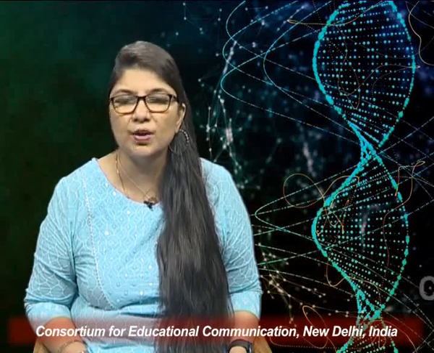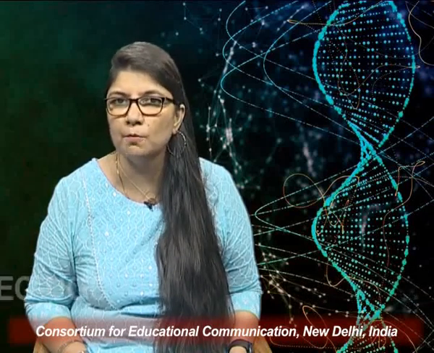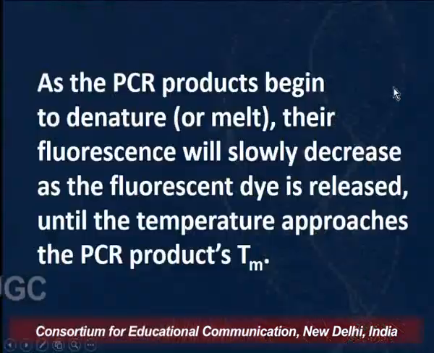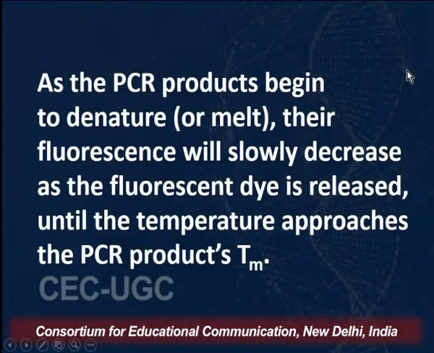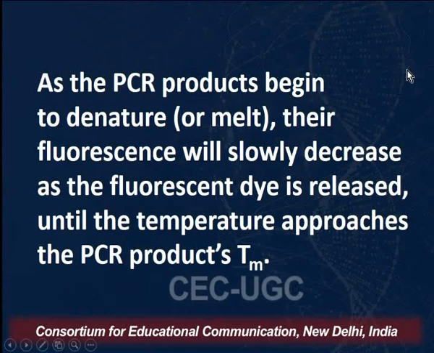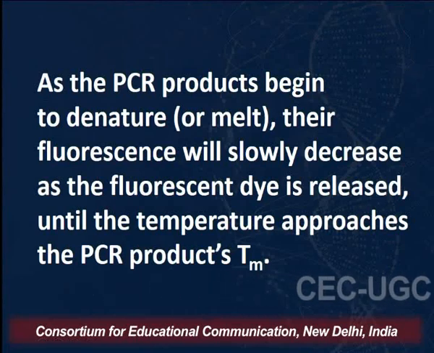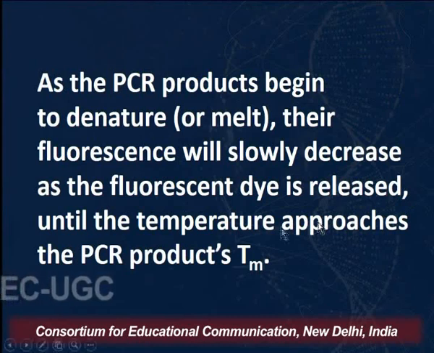Now, when the dye is released, when it is not bound to the double-stranded molecules, it does not produce any fluorescence. Therefore, there will be a dip in the fluorescence that will occur. As the PCR products begin to denature, their fluorescence will slowly decrease as the fluorescent dye is released until the temperature approaches the PCR product's Tm.